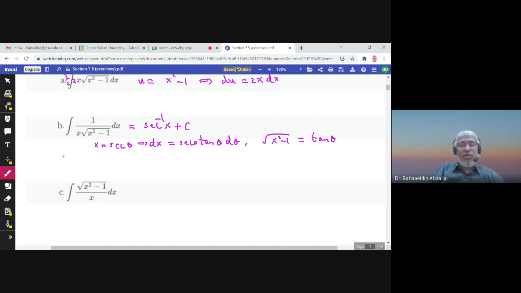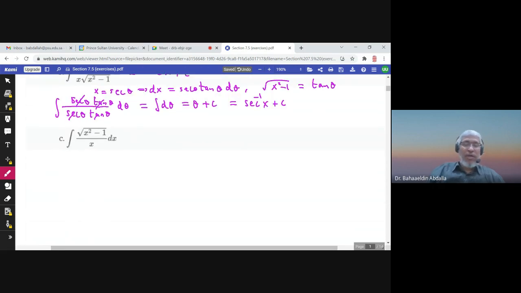So the integral would be the integral of 1 over x, which is secant theta, and the radical is tan theta, and dx is secant theta tan theta d theta. So these cancel, and we will have the integral of d theta, which is theta plus c, and since x is secant theta, theta is secant inverse x plus c, and you get the same answer.